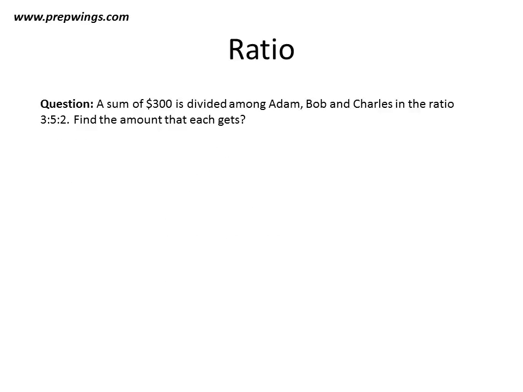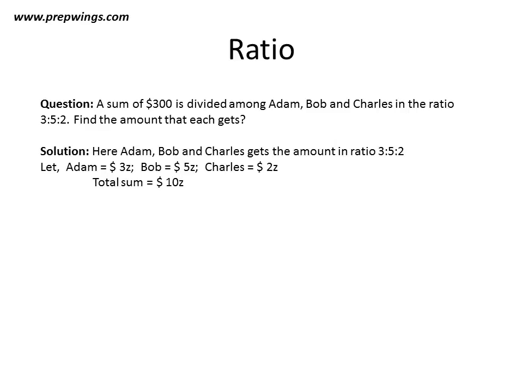Okay, now we'll do one final question on ratios. The question says that a sum of $300 is divided among Adam, Bob and Charles in the ratio 3:5:2. We have to find the amount that each one gets. So now here Adam, Bob and Charles get the amount in the ratio 3:5:2.